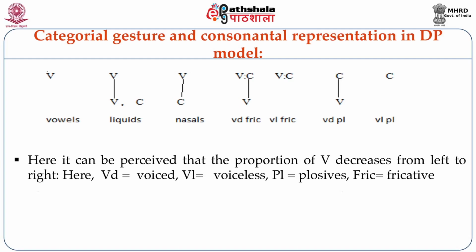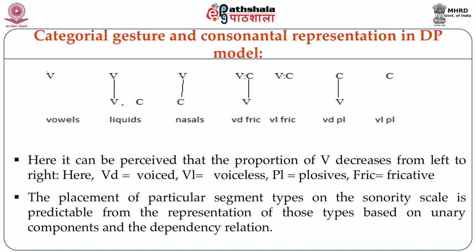I have already given the notation and the levels for this. The placement of particular segment types on the sonority scale is predictable from the representation of those types based on unary components and dependency relations. So the relationship of sonority and salience gets a very clear representation in terms of DP modules.